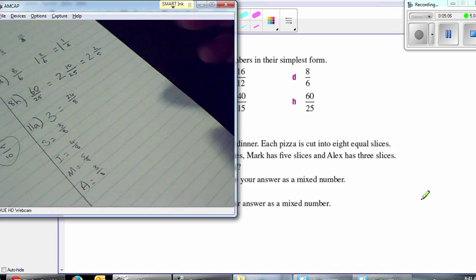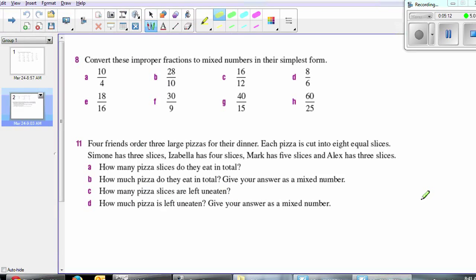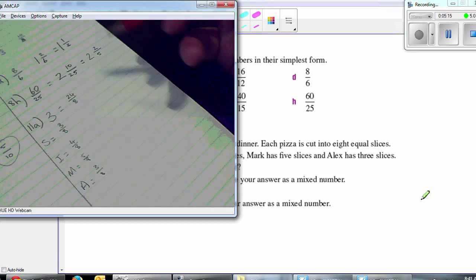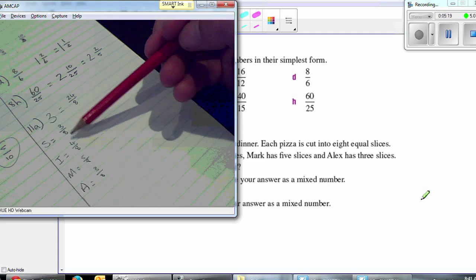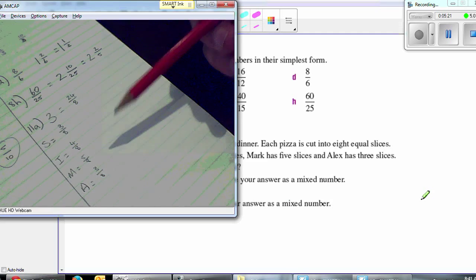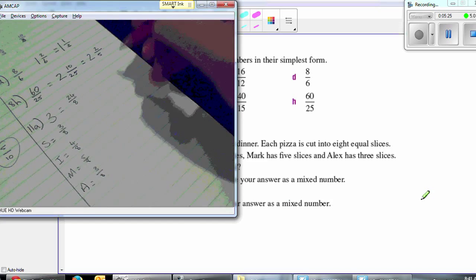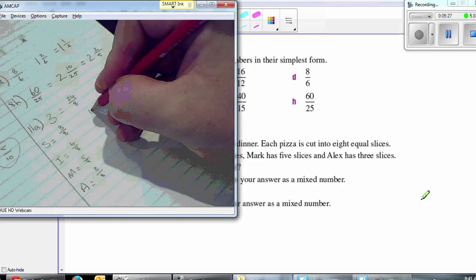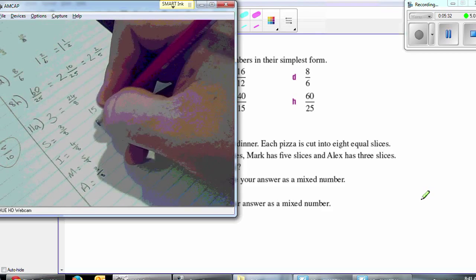Alright, so I've just listed those ones down here so I can keep track of what I'm trying to do. And it says, how many pizza slices do they eat in total? Well, okay, that's pretty easy. We just add up. So 3 and 4 is 7, plus 5 is 12, plus 3 is 15. So they ate 15 slices of pizza.